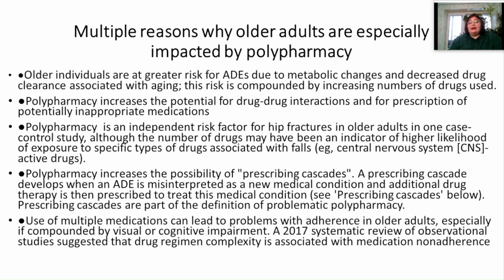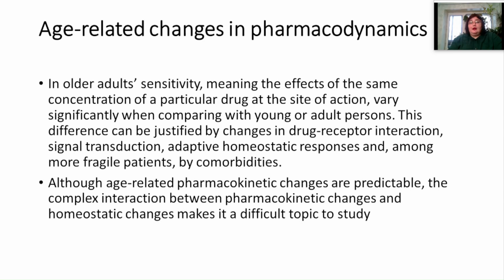Use of multiple medications can lead to problems with adherence in older adults, especially if compounded by visual or cognitive impairment. A 2017 systematic review of observational studies suggested that drug regimen complexity is associated with medication nonadherence as well.